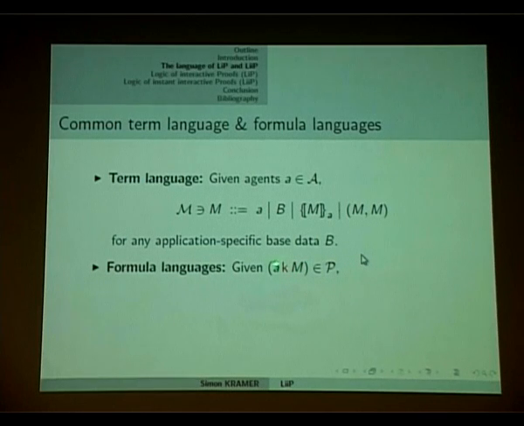I have an atomic proposition, right? So the set of atomic propositions, calligraphic P, is not completely arbitrary. There is this kind of proposition, right? So I have: agent A knows message M. Because I have to be able to express what I mean by knowing the proof, right?